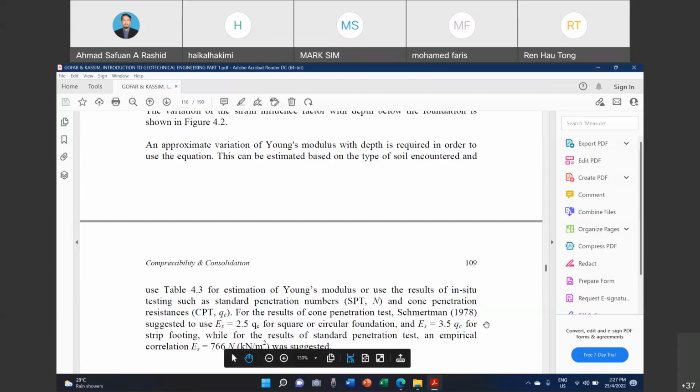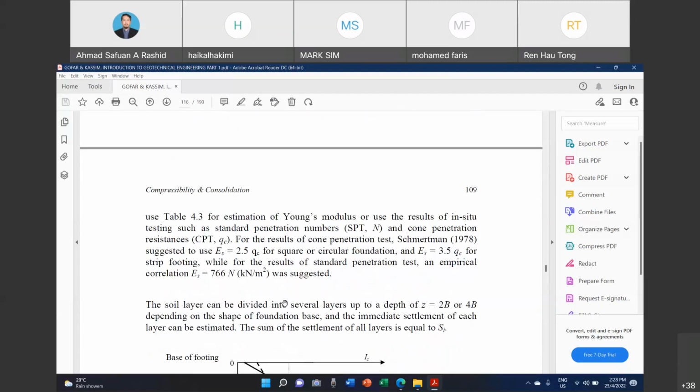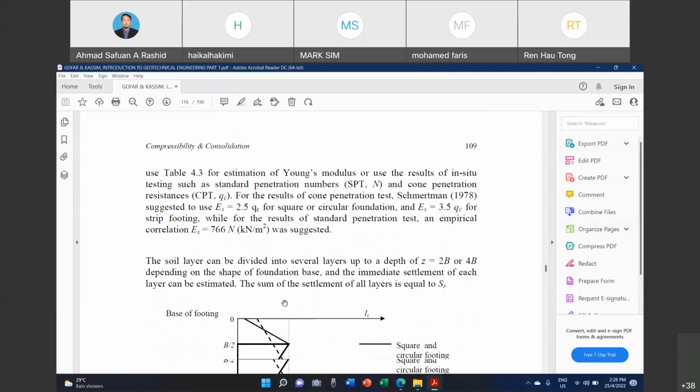So that is to get the Young modulus based on the CPT. For the SPT, this 766 should be multiplied with N, the number of blows, then we may gain the Es or the Young modulus.